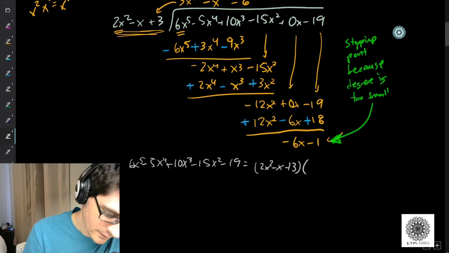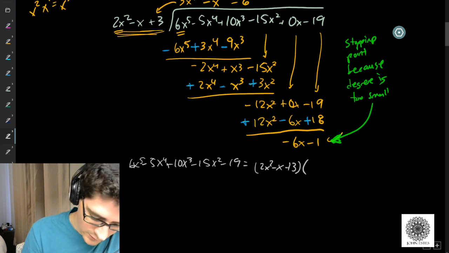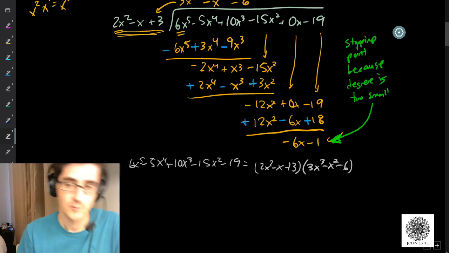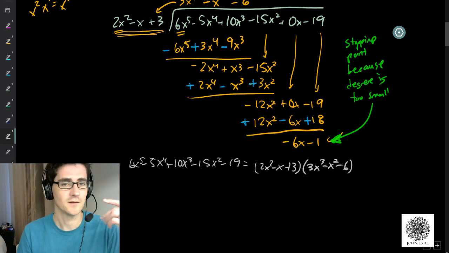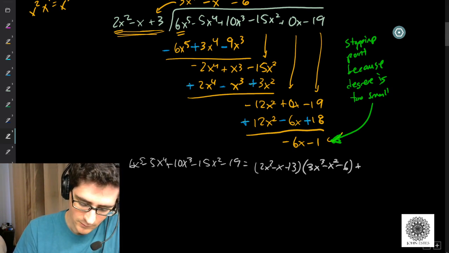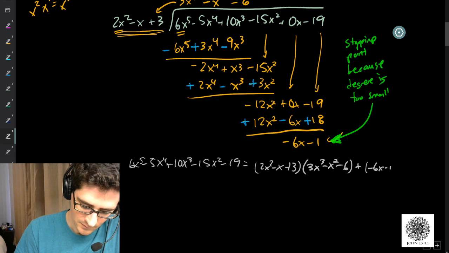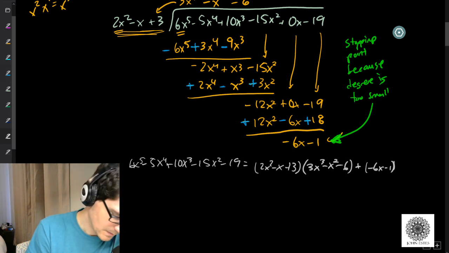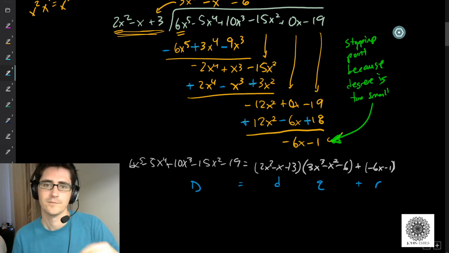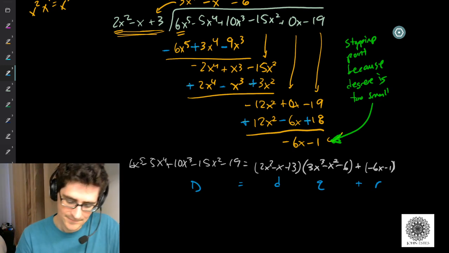That's my divisor times the quotient, which is 3x cubed minus x squared minus 6, which is complicated, right? But that's factoring that we could not do before, plus my remainder, which is the negative 6x minus 1. Now, if you want to identify your pieces there, again, I'm saying there's divisor times quotient plus remainder equals the big dividend. Okay? I hope that makes sense.